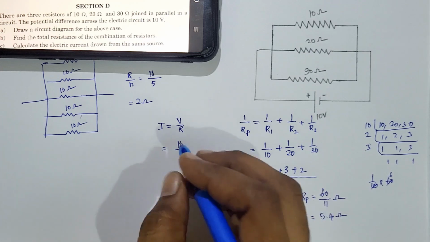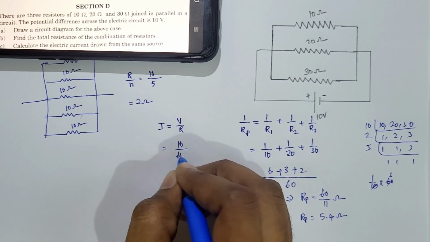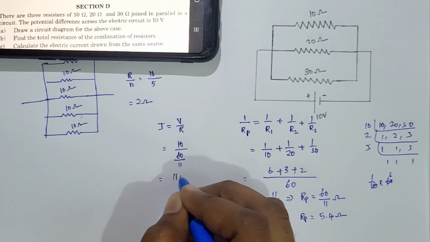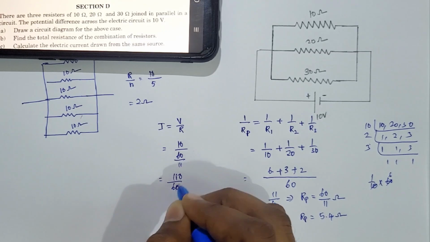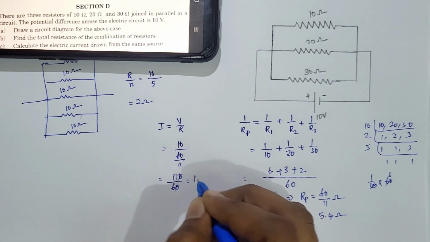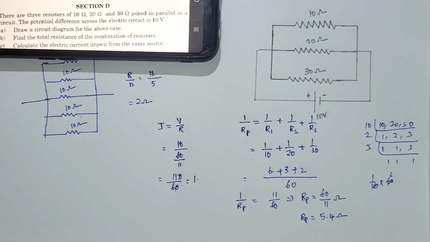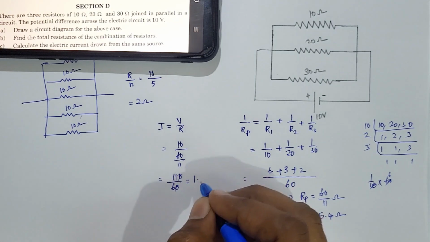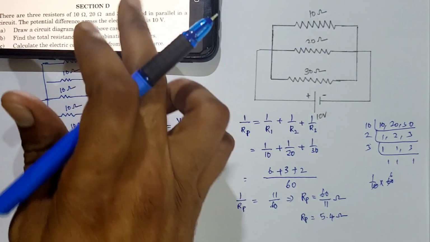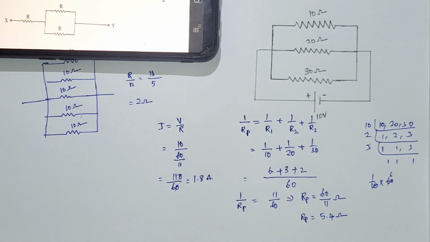If I take 60 by 11, 10 divided by 60 by 11 is 110 divided by 60, which comes to 1.8 amperes. So this will be the answer for this question.